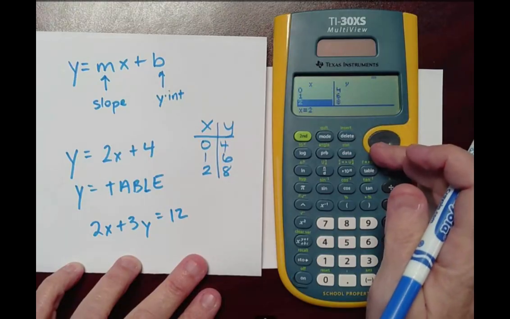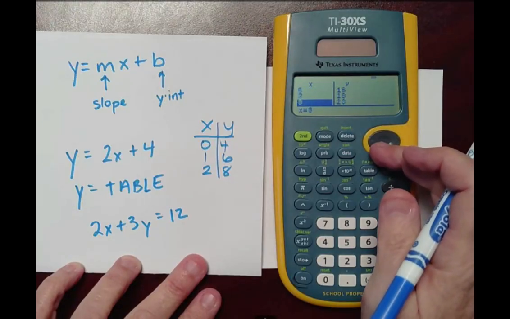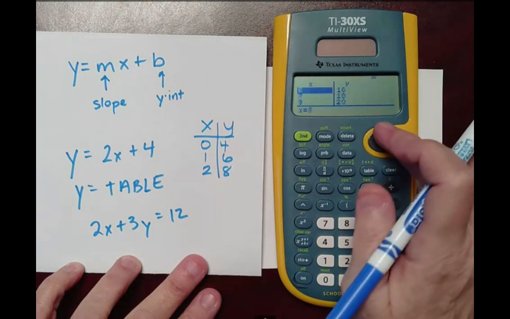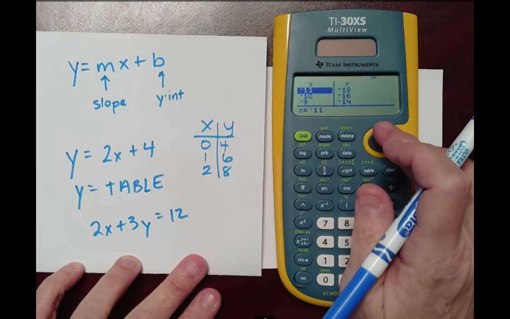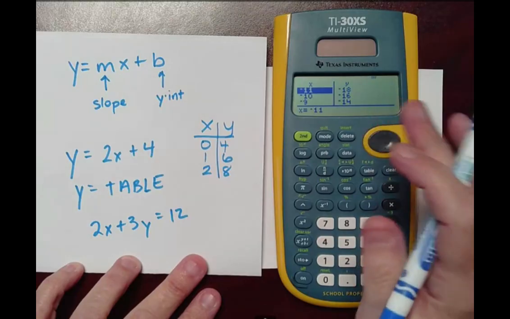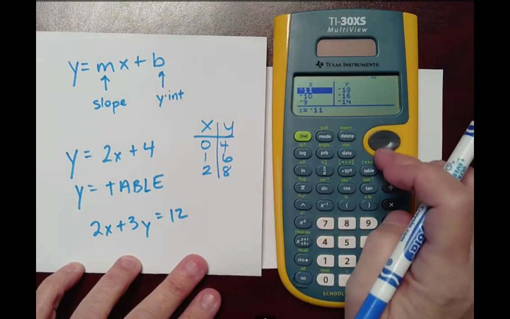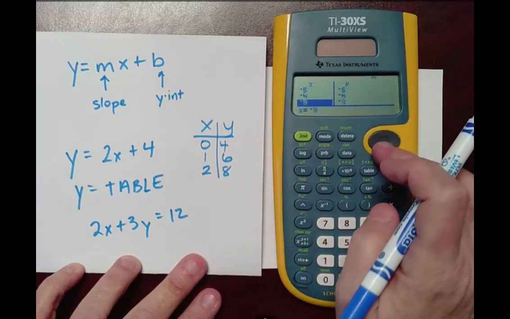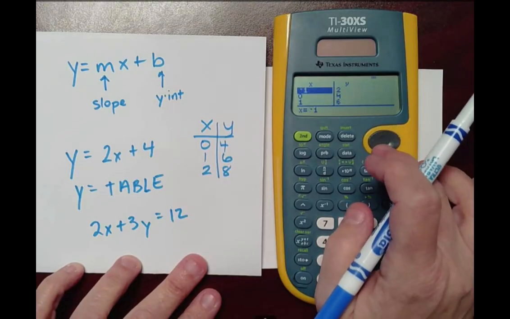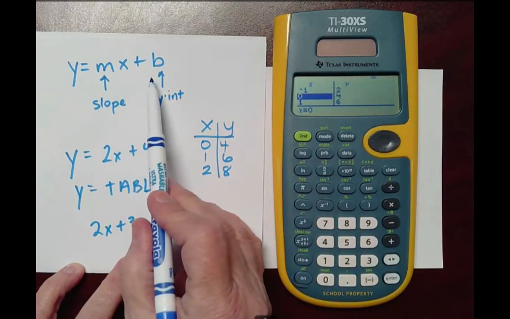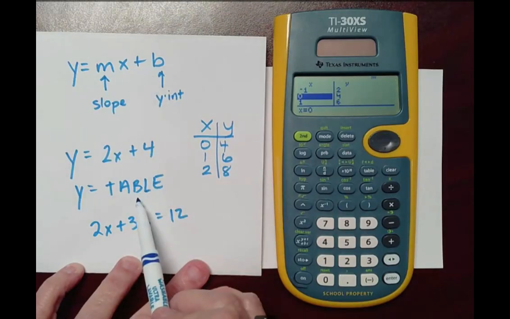I can scroll down as far as I need to, and I can scroll up to my negative numbers as much as I need to. So whatever number you're looking for, after we do some examples, I think you'll see how this can be very useful to you. So just remember, if it is in y equals mx plus b form, y equals table.